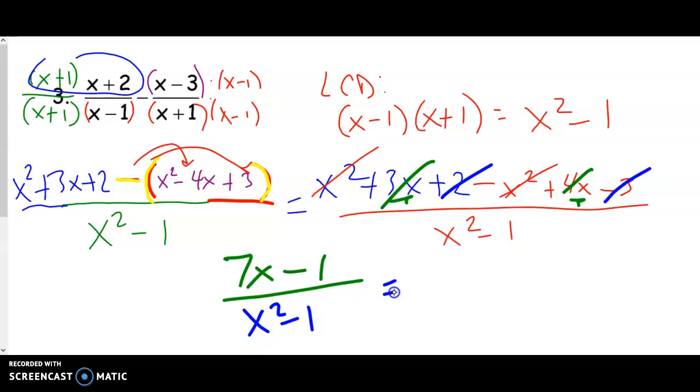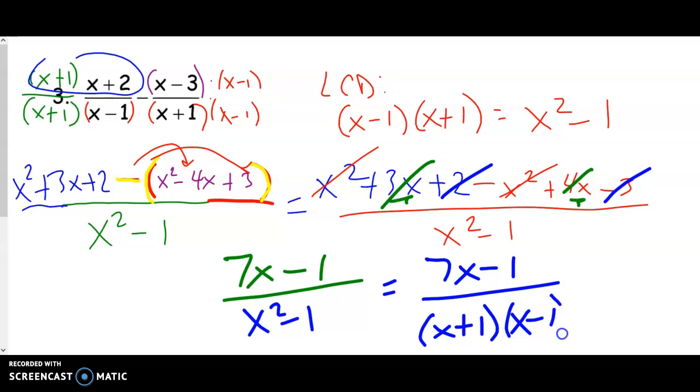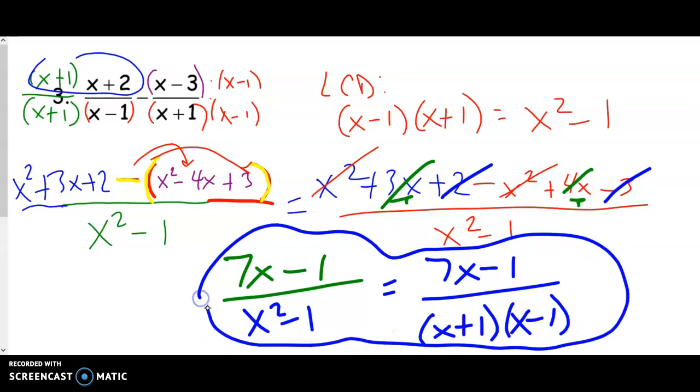All right, there's your final answer. You can leave it that way. Some textbooks, teachers, professors prefer a denominator factored out, but they are exactly the same, so either one is good enough for me. Nothing else cancels. So that one's number 3.